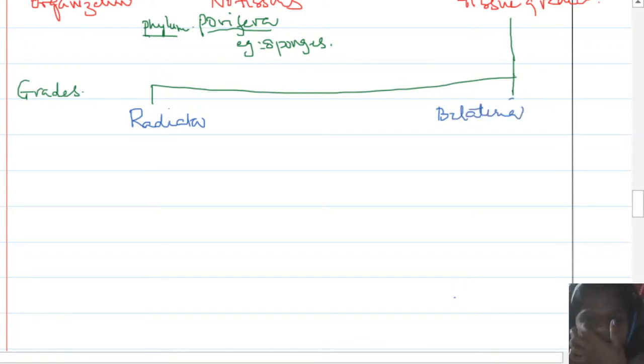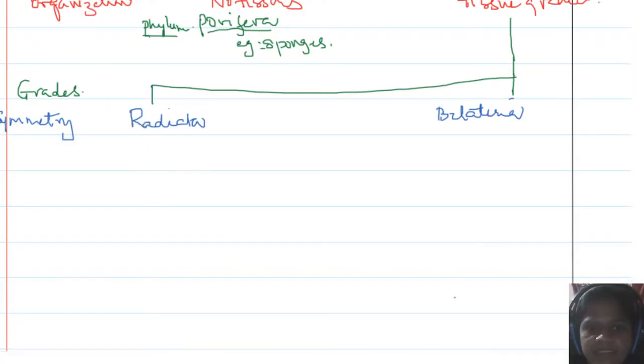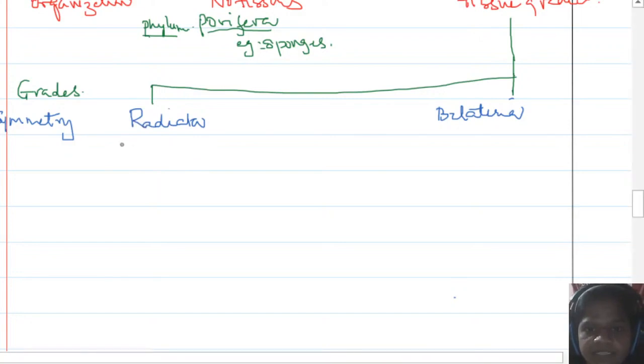Now there it was a cellular level of organization. Now here it is based on the symmetry. This one has more than one line of symmetry. For example, if you take Hydra, you can cut it, but before we name the animal, let's take the phylum first. The phylum that are included in the radiata are Ctenophora and Cnidaria.